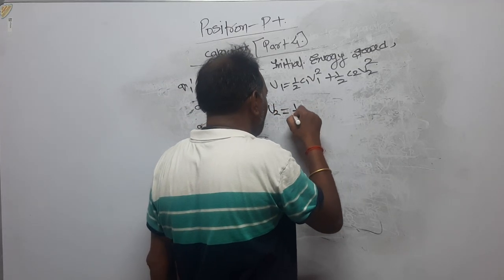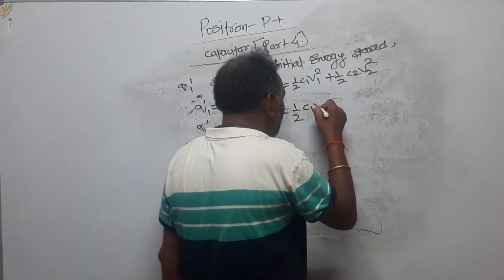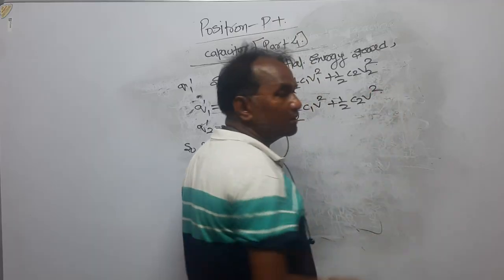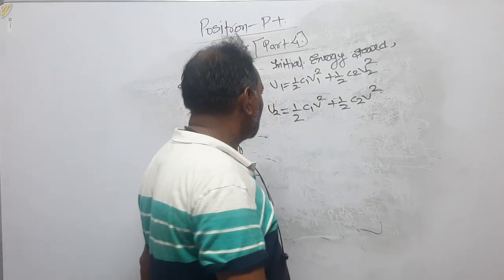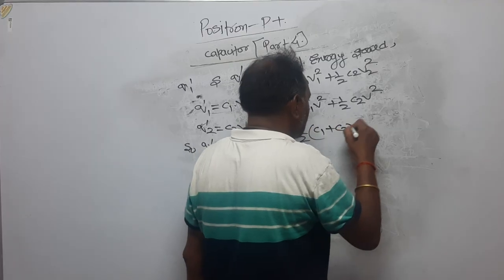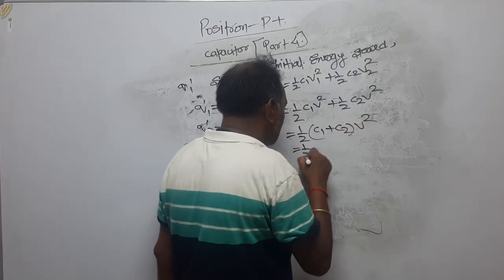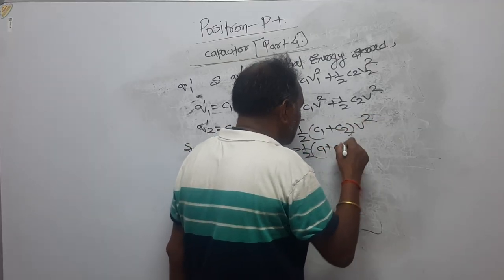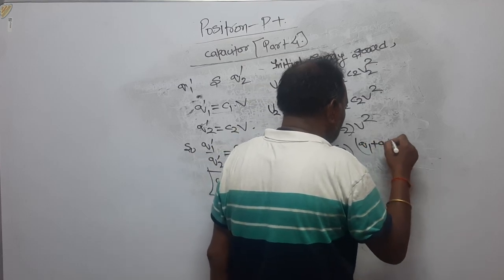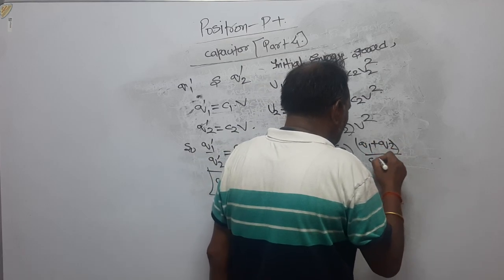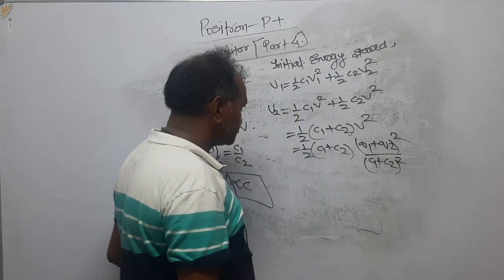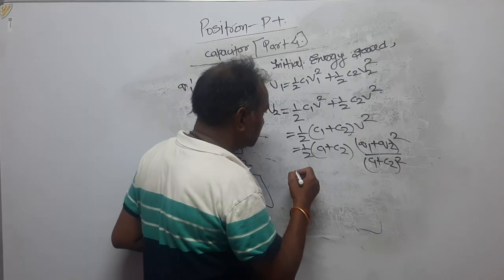U2 is equal to half C1 V square plus half C2 V square, because both have the same common potential. Or you can write half (C1 plus C2) V square, where V is equal to total charge divided by total capacitance, and whole square.